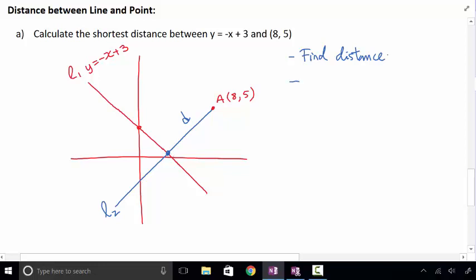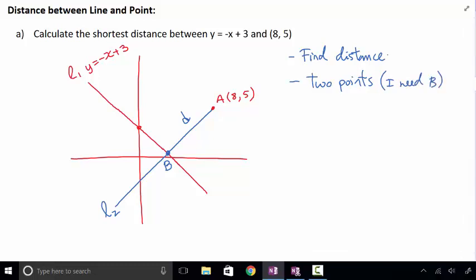So let's call it point B. I don't know what point B is, but I need to find the distance between point A and point B. So to find the distance, I need 2 points. Basically I need to find B, because I know A already. Do you understand that?